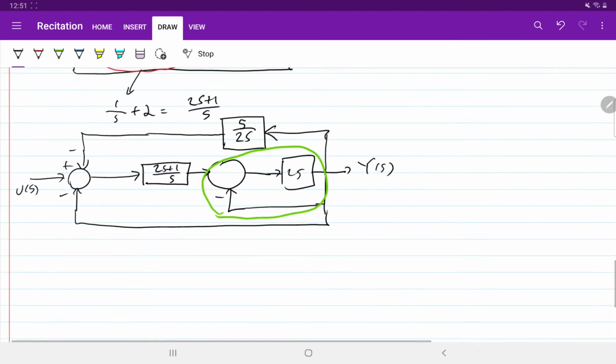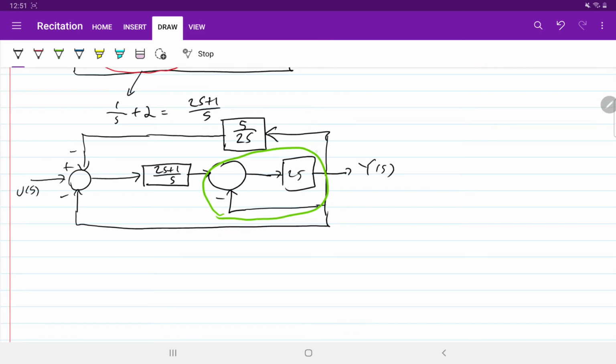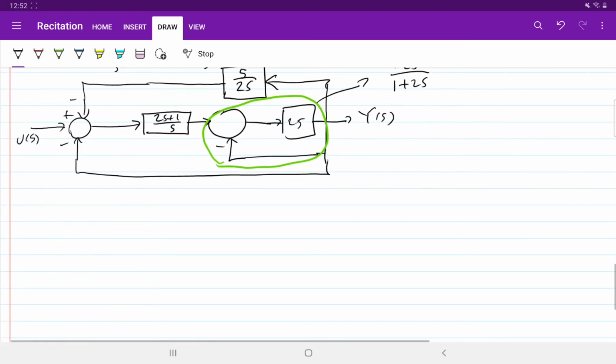So 2s over 1 plus 2s. Okay, but this block in green, which is 2s over 1 plus 2s, is multiplied by 2s plus 1 over s. So if you multiply these two blocks, 2s plus 1 over s multiplied by 2s over 1 plus 2s, then the resulting block is just again a block with gain 2.